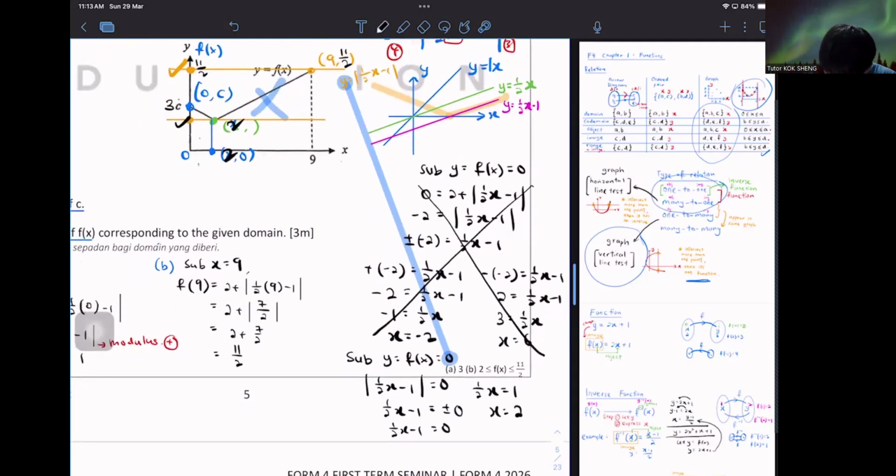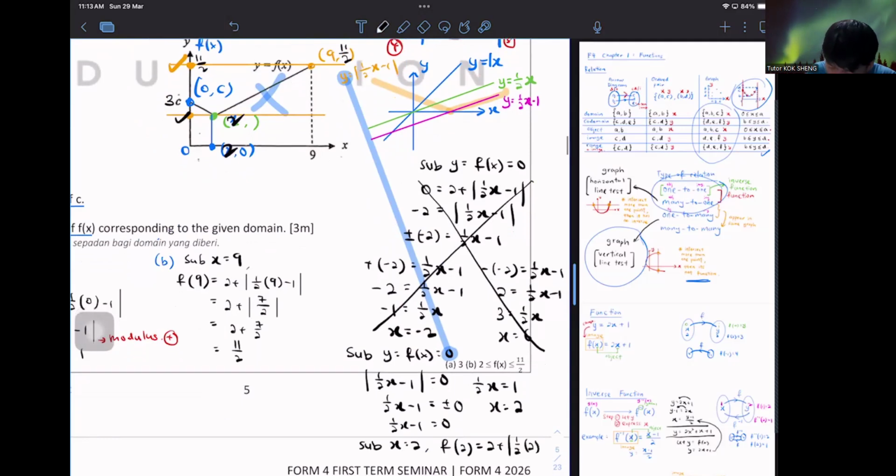So the last one we sub 2 into the x. Aya, no space, no space. Okay. 1 over 2 times 2 minus 1.